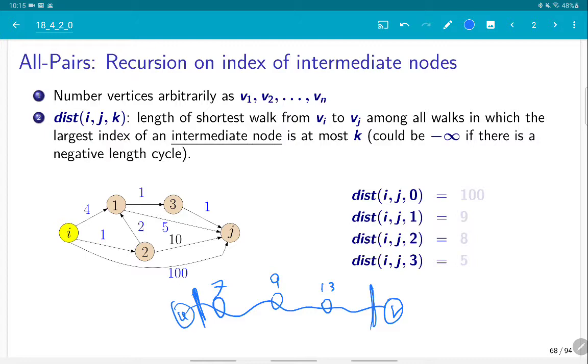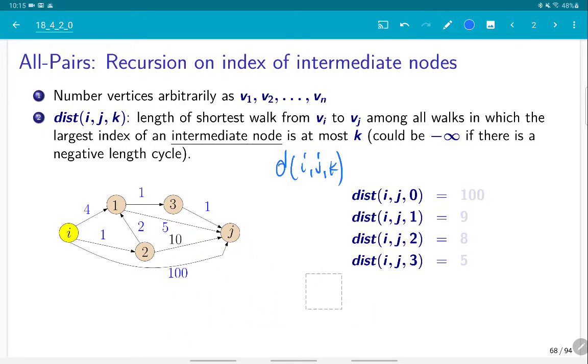Okay, so now we're going to define this quantity, which is distance d_ij^k, the shortest path between the vertex i and the vertex j, where all the vertices in the middle have numbering smaller than or equal to k.